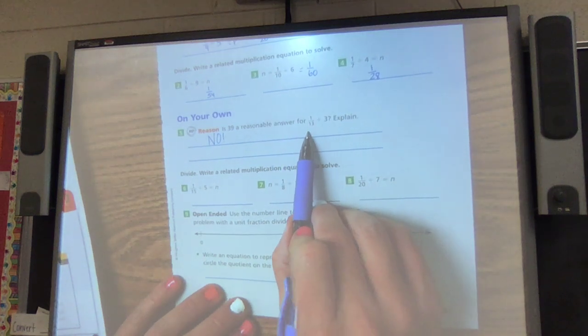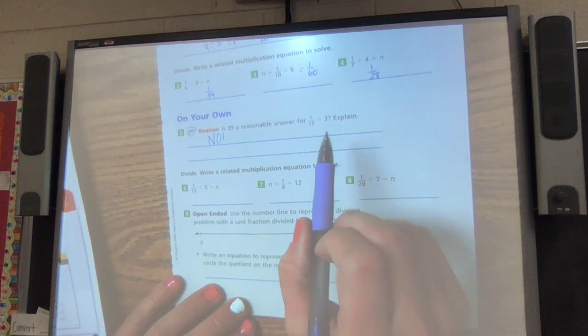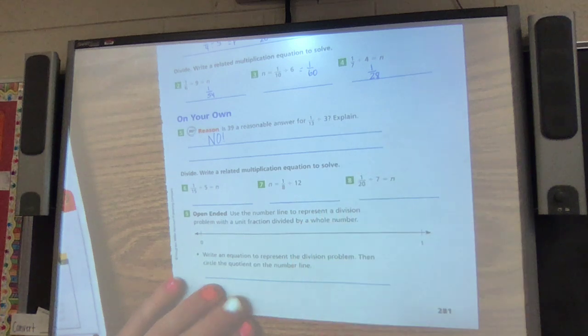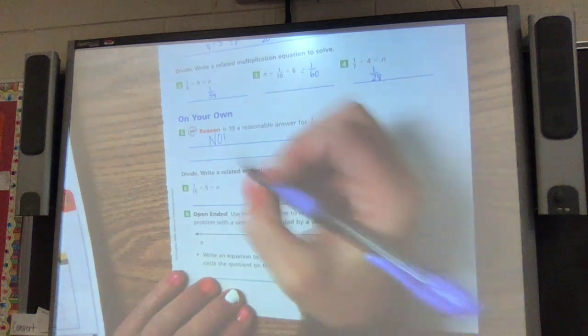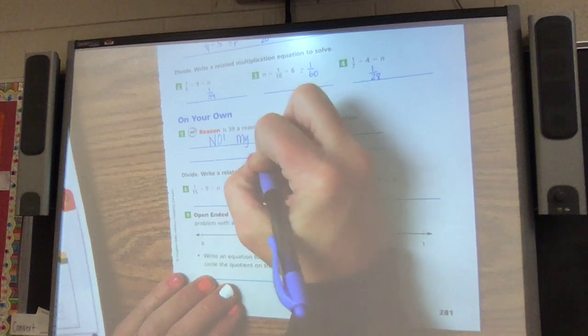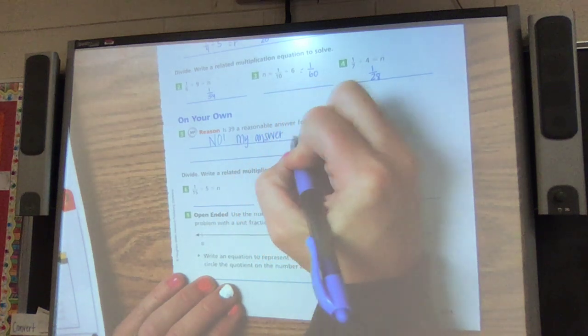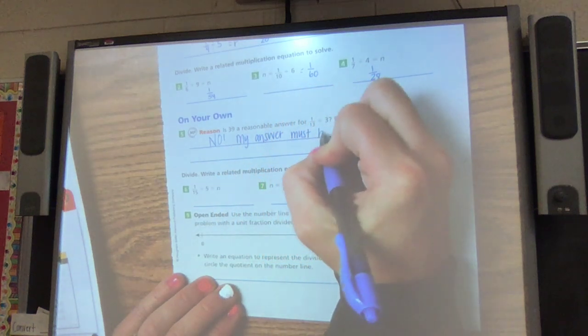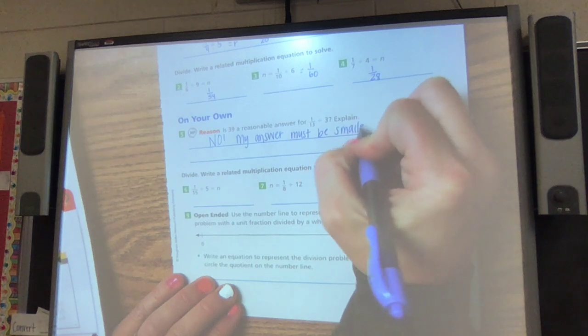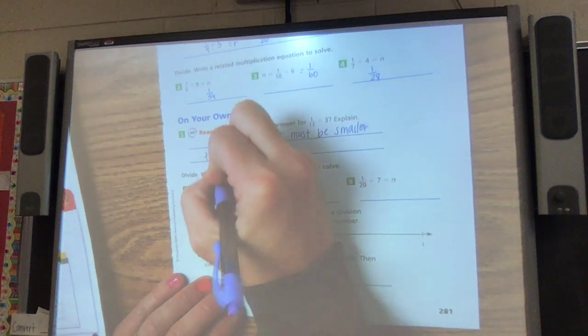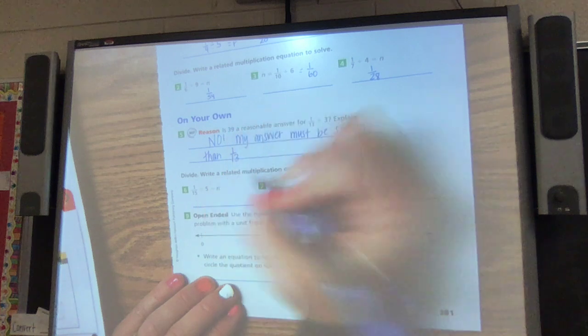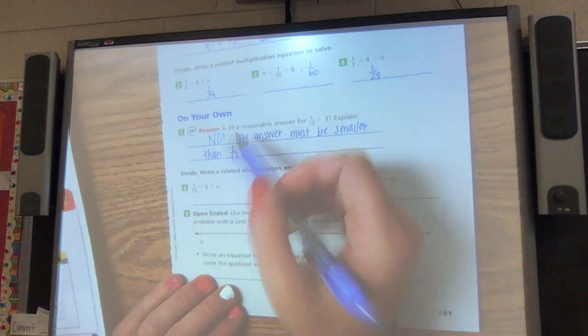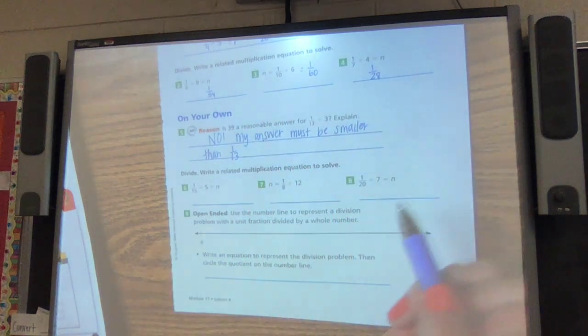If it's 1/13 divided by 3, my answer has to be smaller. So I'm going to say no. My answer must be smaller than 1/13. And 39 is not smaller than 1/13.